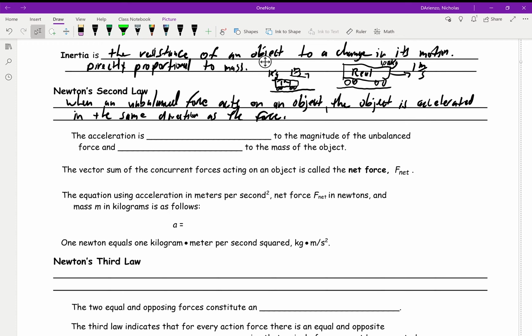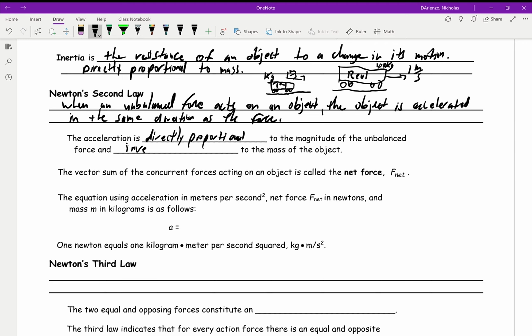Now the acceleration that's going to be imparted onto the object is directly proportional to the magnitude of the unbalanced force and inversely proportional to the mass of the object.